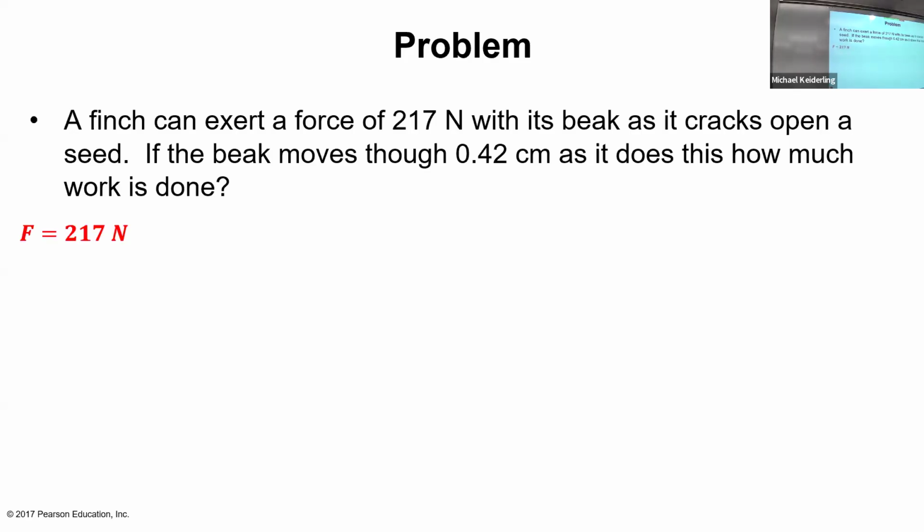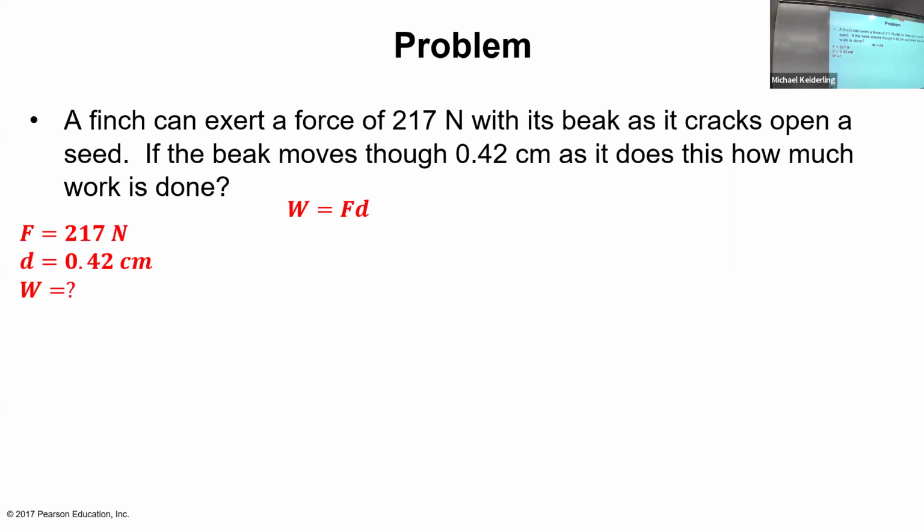So the force is 217 newtons. The distance is 0.42 centimeters. We're looking for work. In general, work is force times distance if the displacement and the force are in the same direction. So, if I'm applying a force and the object is moving in the same direction as I'm applying the force.